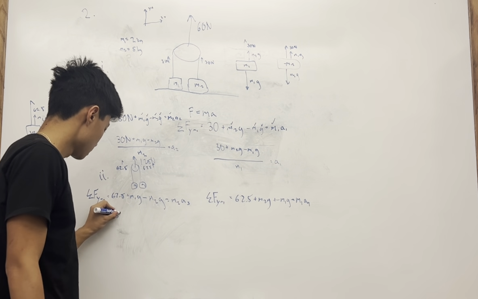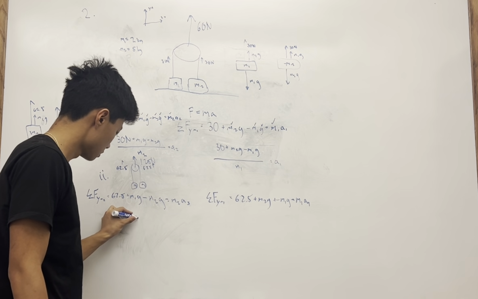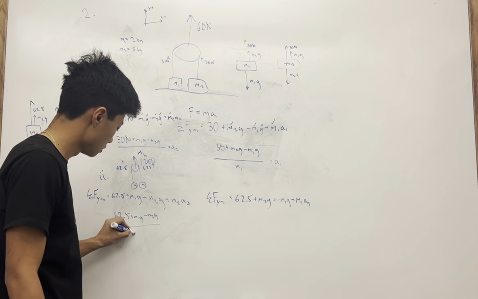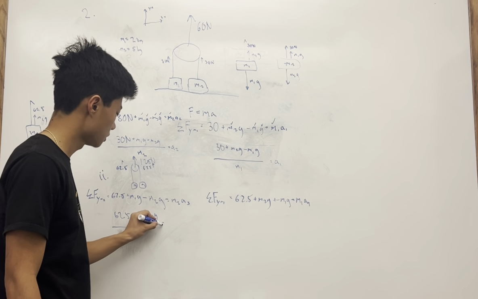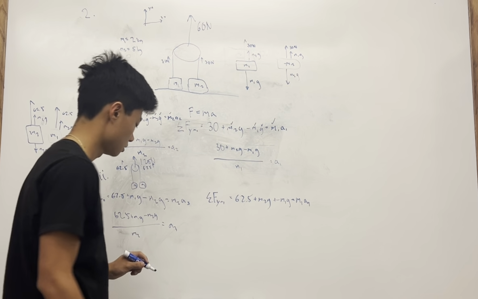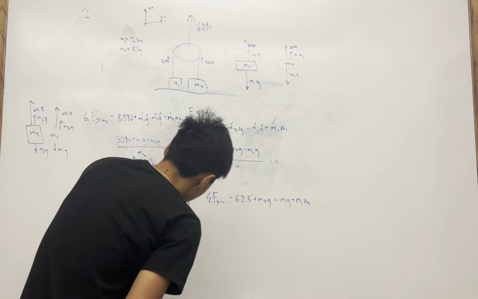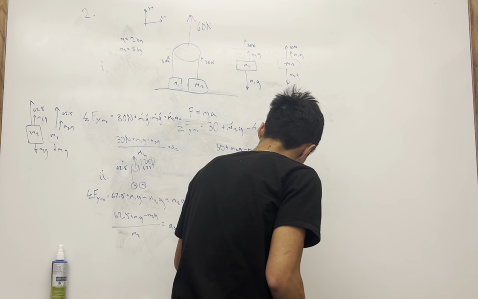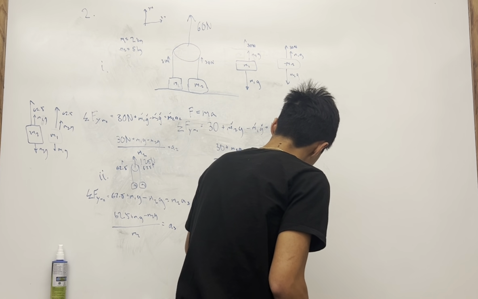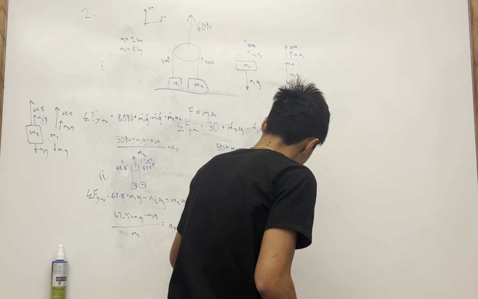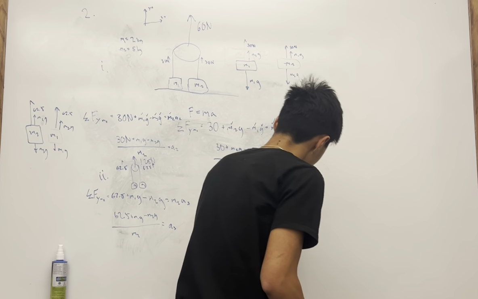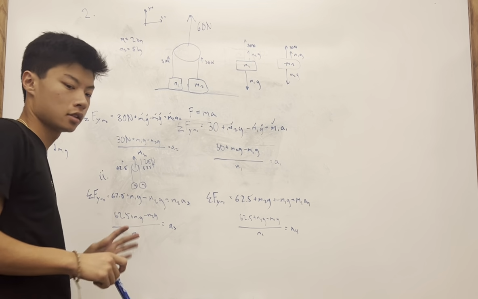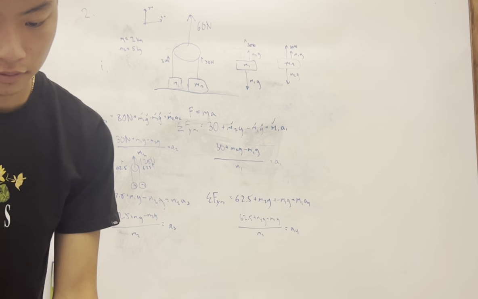We can isolate, I'm just subtracting by mass 2 on both sides. Okay, now we have everything set up for all 4 accelerations. We can just plug into the calculator to find out.